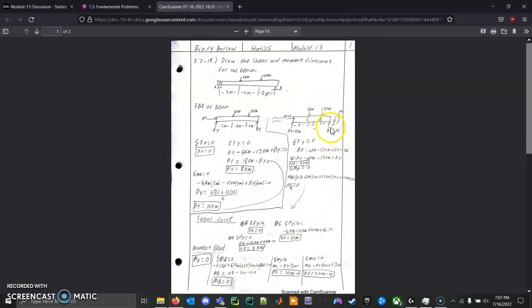You have your BY here, along with your shear and moment. If you do the summation of Y of this free body diagram, you can solve for VA, so shear at A, and get a shear force of 8 kilonewtons. Then if you do the summation of moments at A, you can solve for MA to be 0.